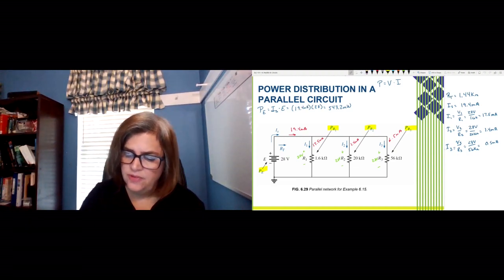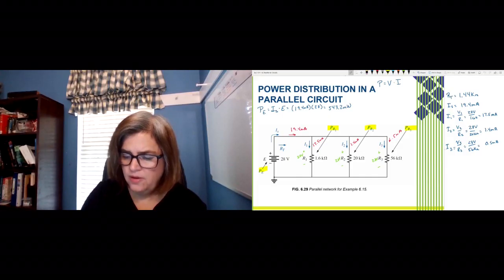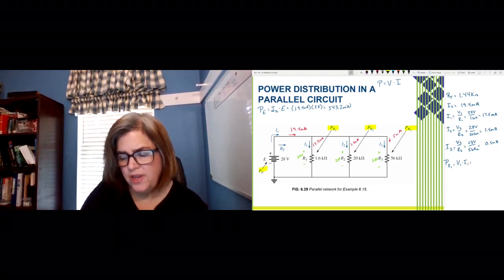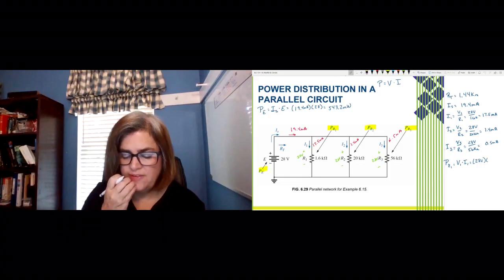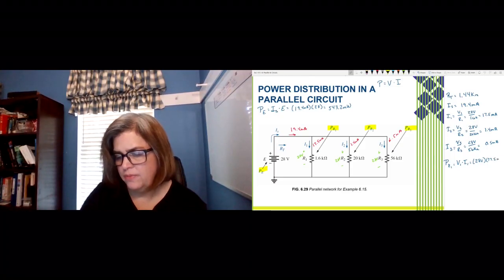And now let's find the power delivered to each of our resistors. So PR1 is going to be V1 times I1, where we still have 28 volts we're supplying to a 1.6k ohm resistor, and the result is 17.5 milliamps.